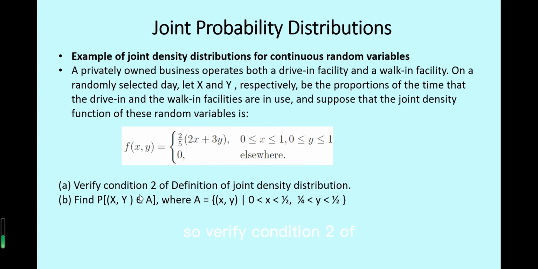Question A: verify condition 2 of the definition of a joint density function. Question B: find the probability of (X,Y) in the region A, where A is x between 0 and 1/2, and y between 1/4 and 1/2.